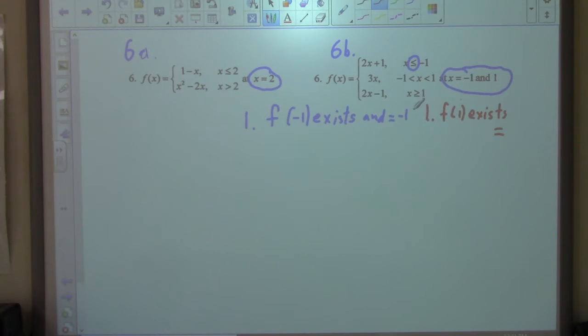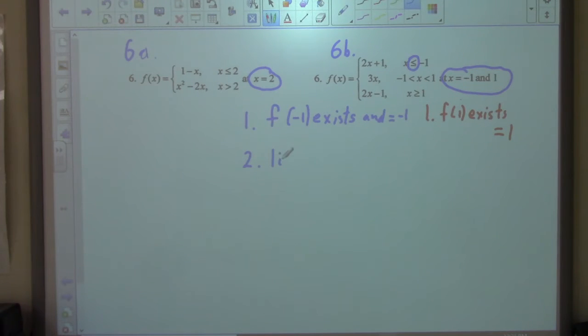Where do you plug that in? The third one, right? So let's plug in 2 times 1 minus 1, which is 1. So now for both, they exist. So we're going to go over here and color code.